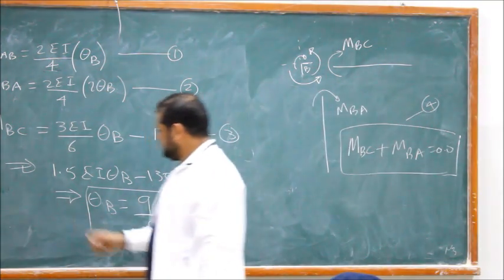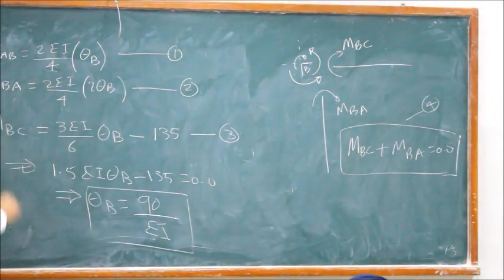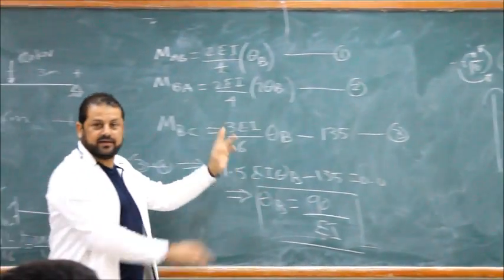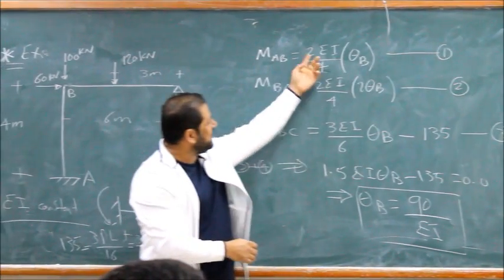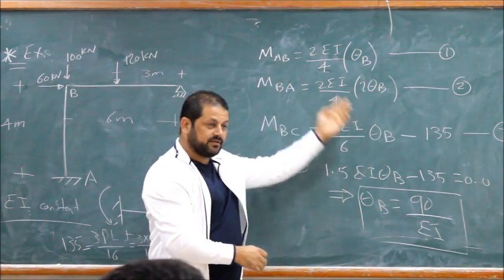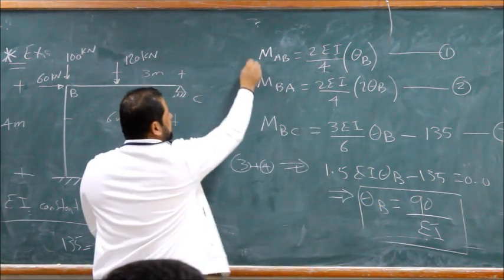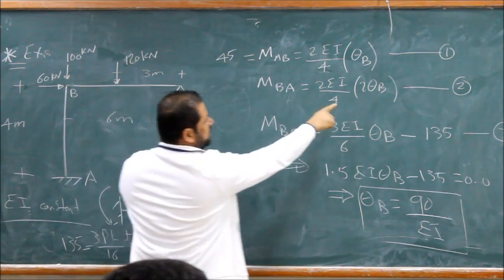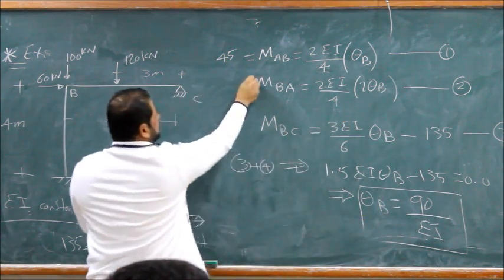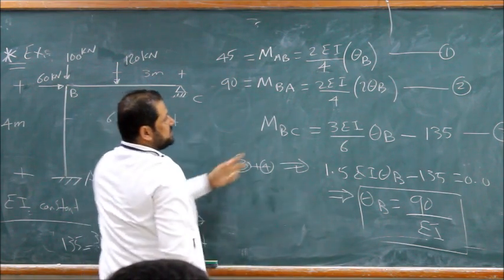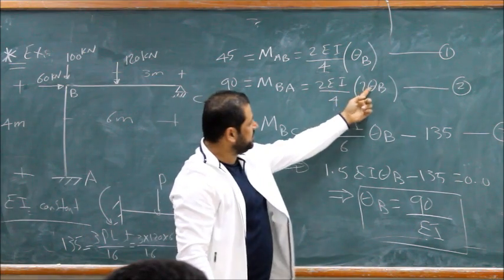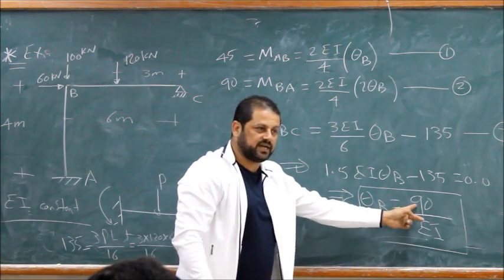Good. Now, direct. Look, the EI will cancel. This is half. Half of 90 is 45, kilonewton meter. This one, 90, 4 over 4, 90. State at B, EI cancels, so it's 90.